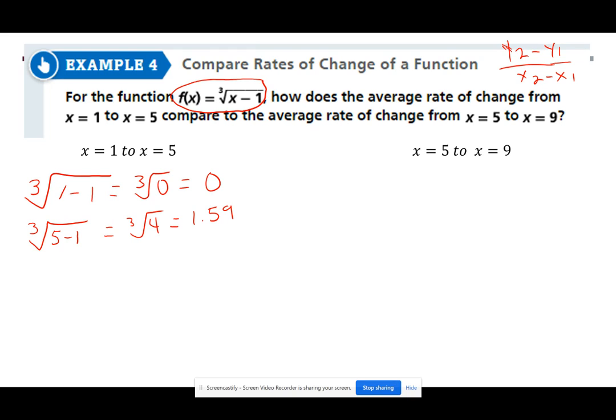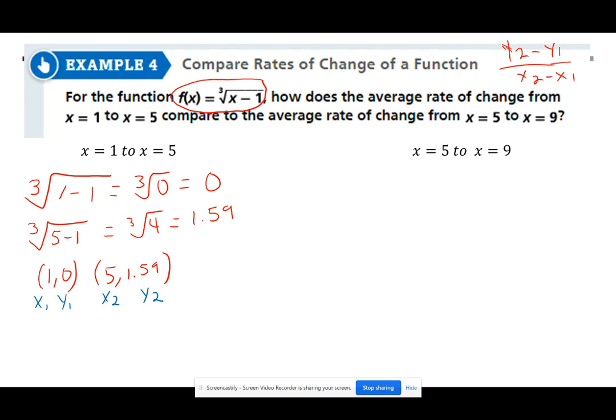Okay, so when I substituted 1 in for my x, I got 0 for my y. When I substituted 5 in for my x, I got 1.59 for my y. So we can go ahead and label our parts if you need to. If you don't need to, you don't have to worry about it.